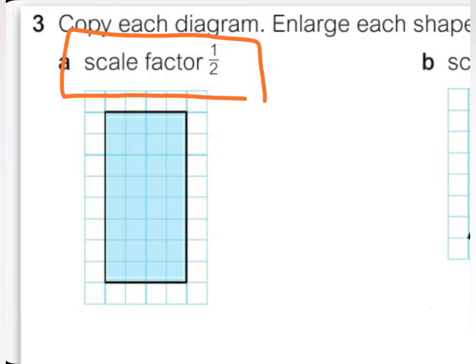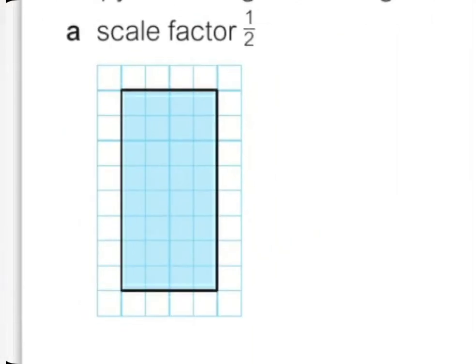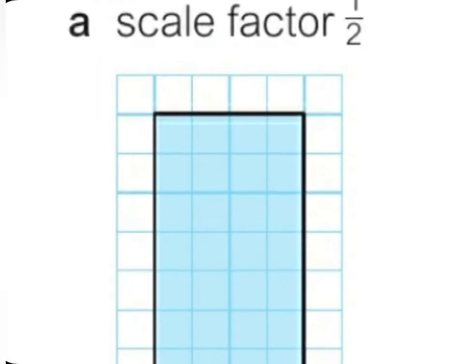And this idea means he wants half of the shape. That's the idea. So how do you do this? First, you can draw the shape anywhere you want, because here we don't have a center of enlargement. So let's, for example, take a look at this one.